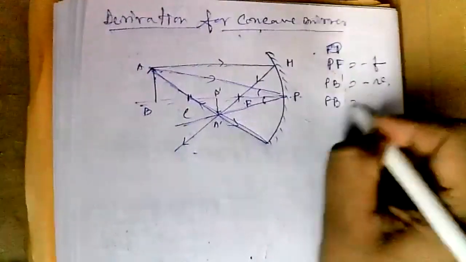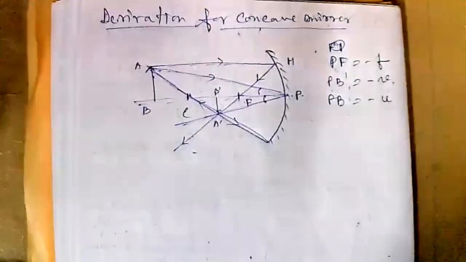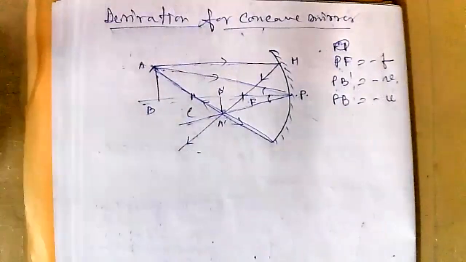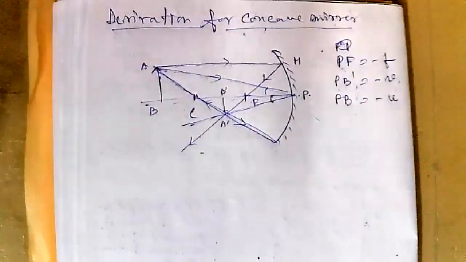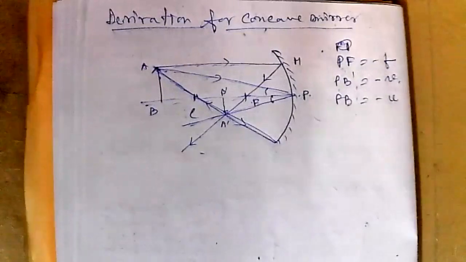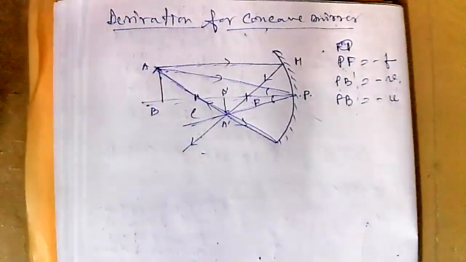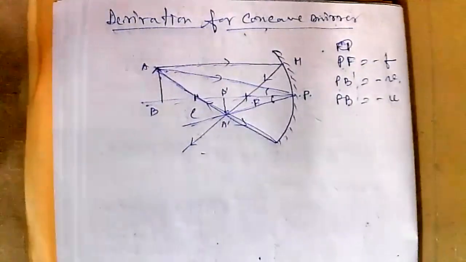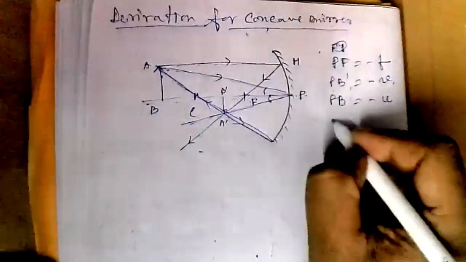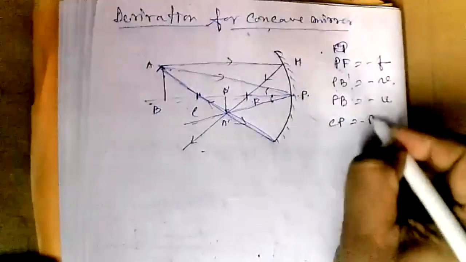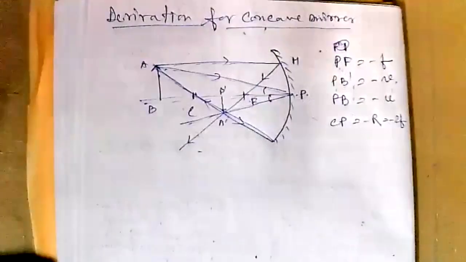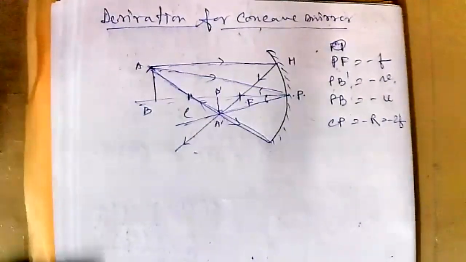And PB is minus U, the object distance. CP equals minus R equals minus twice F.